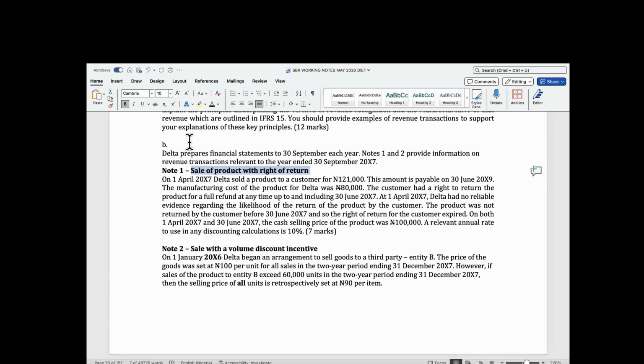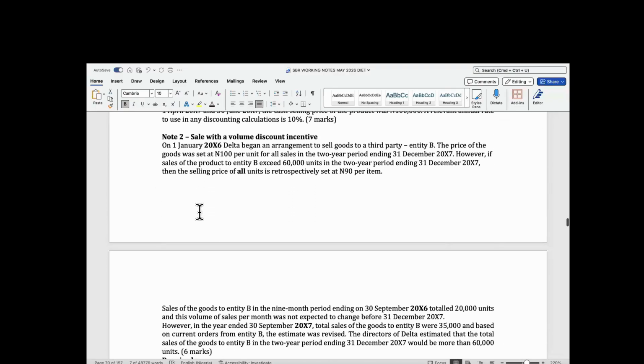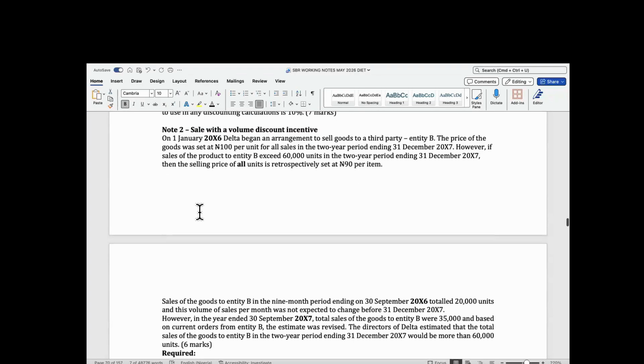And the cost of sales also, you take it out from there and put it in inventory recoverable.